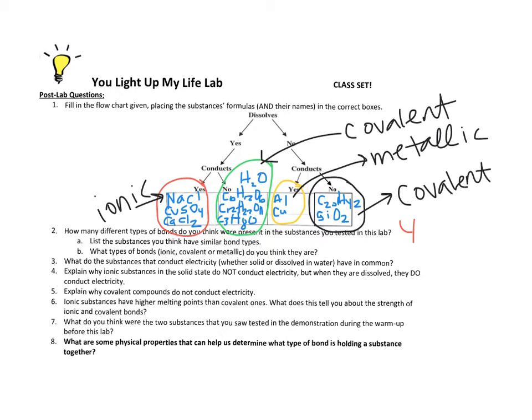Now, you might be saying, well, that's only 3 types of bonds, but we said 4 earlier. If you recall, last week, I believe, when we were looking at the electronegativity differences, we had something called polar covalent and non-polar covalent.